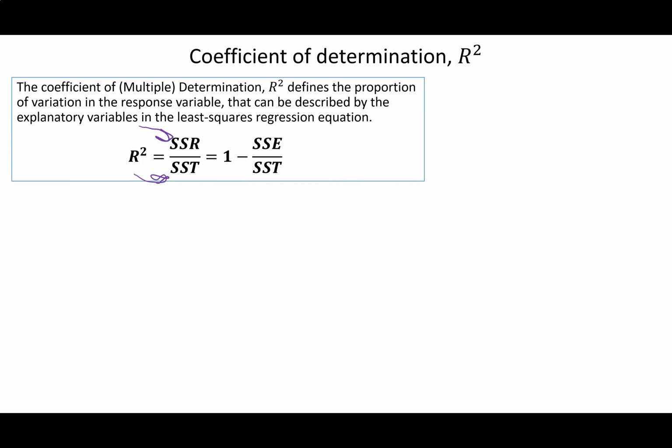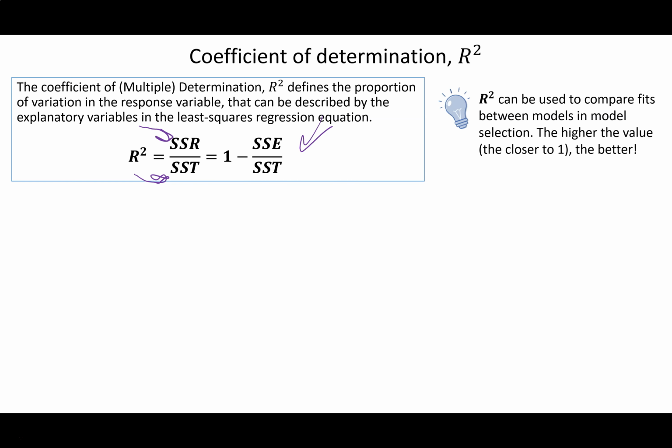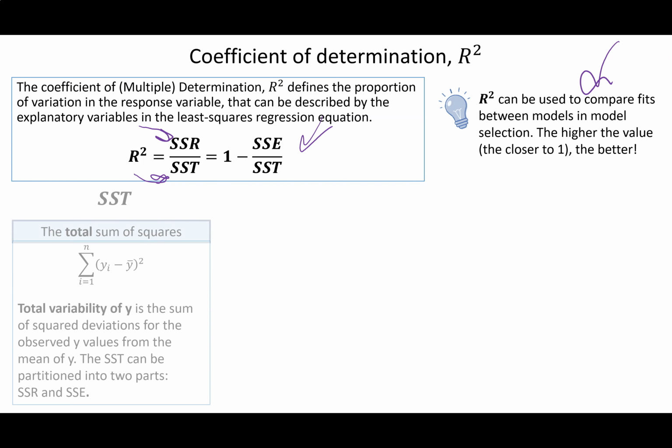That will tell me that this percent of all the variability there is to explain is explained by the model. The higher it is, the better. It can go anywhere from 0 to 1. You can also rewrite it as 1 minus the sum of squares error over your sum of squares total. Absolutely, this can be used to compare fits between models. The closer to 1, the better the fit is going to be. Just keep in mind, it will matter how many variables you have in your model as well.